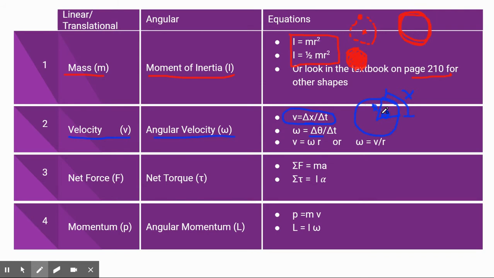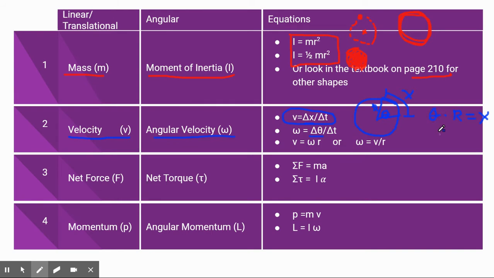But the main thing here is finding the relationship between these. And so we realize that your angle times the radius is going to be equal to that distance x on the outside. So I think of it as you multiply the two near the middle and you get the one on the outside. So that's our angle, and that's our linear, like translational distance traveled.